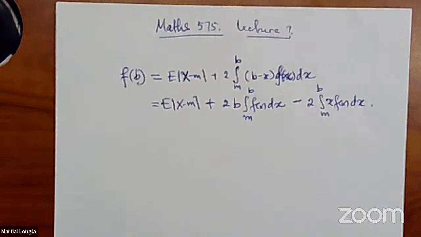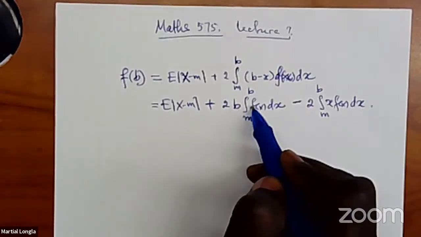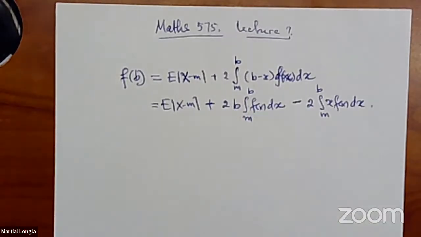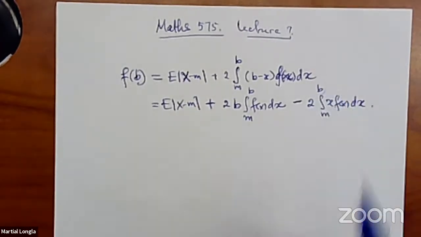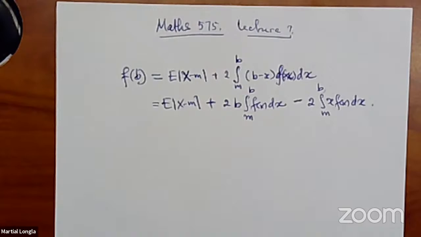In this case, it would be less confusing taking the derivative than the other one. That's why, because this is the product of two functions. You take the derivative using the product rule. This is just one function. You take the derivative with respect to the upper bound.